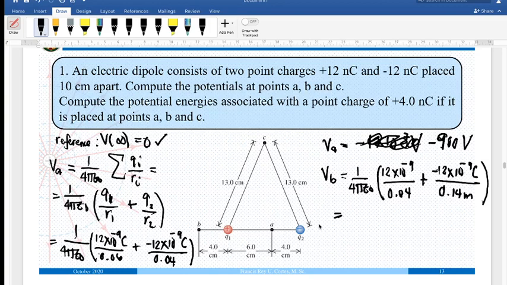Kasi mas duol man siya sa positive. So let's see if positive ba siya. Just check in your calculator if sakto ba siya. That is approximately 128.57 volts, which is positive kasi mas duol man siya sa imuhang Q1.